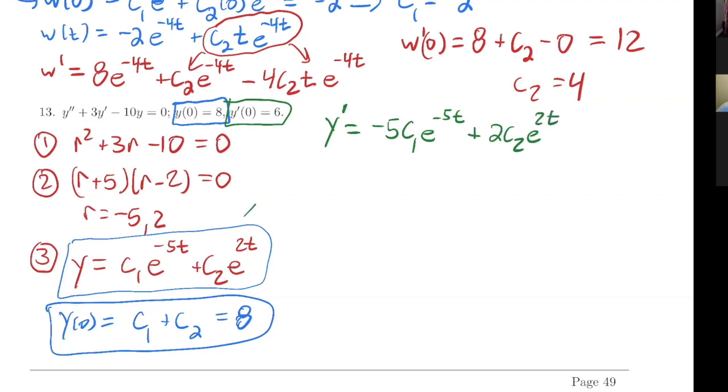I want to take our general solution, take its derivative, and then plug the initial velocity into that formula. So here we would get minus 5c1 plus 2c2, and all of that, we're told, should give us an initial velocity of 6.